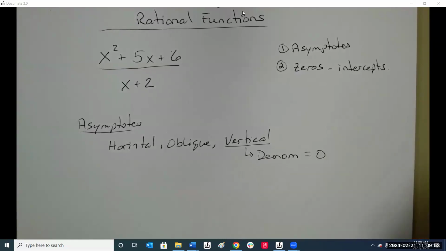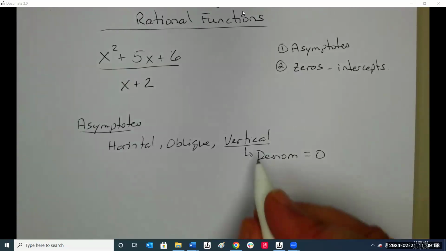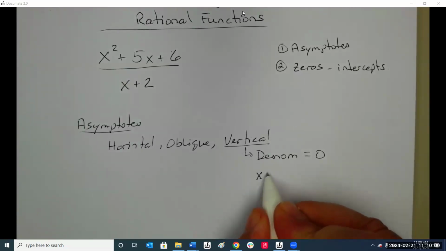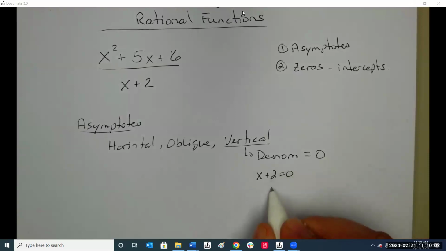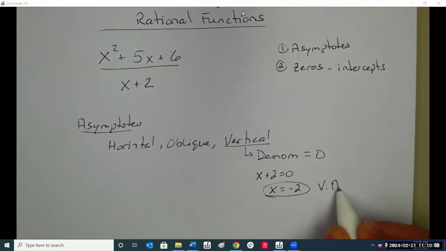Denominator equal to 0. So we have x plus 2 equals 0. So right now we have a vertical asymptote at -2.